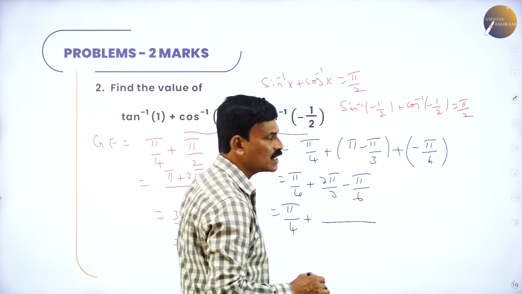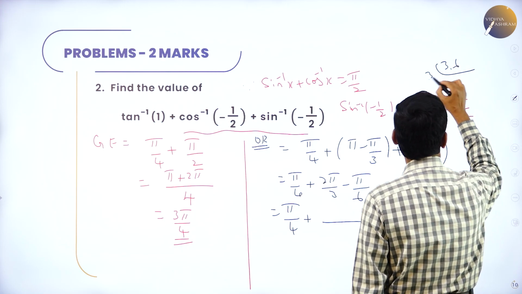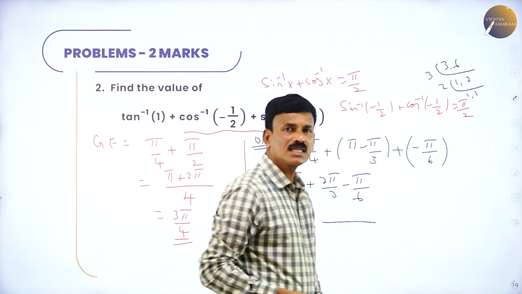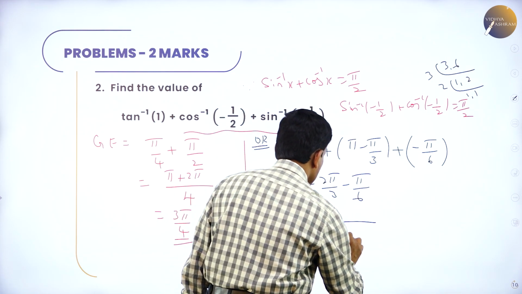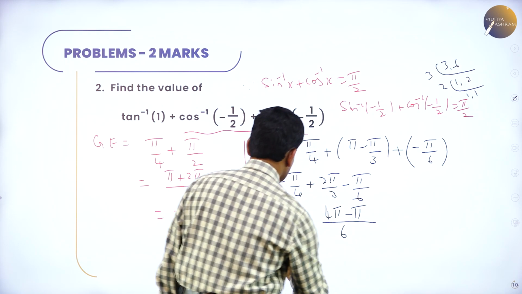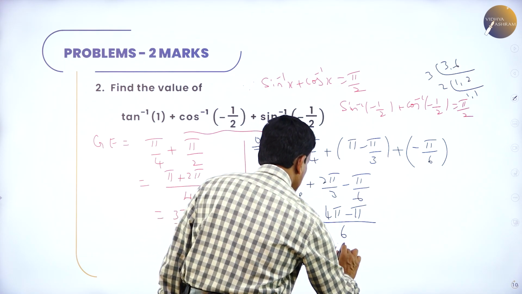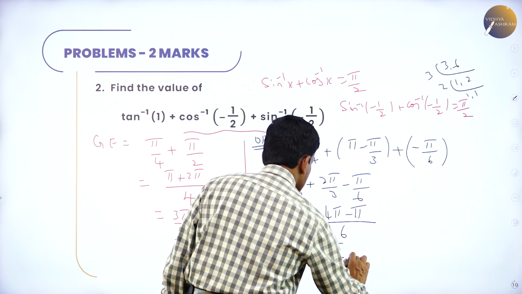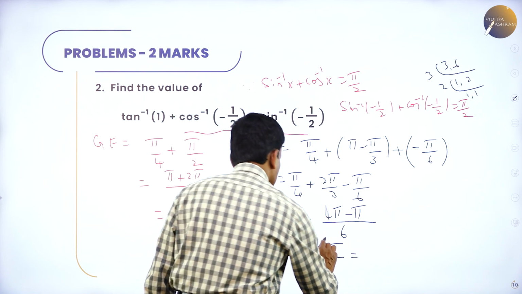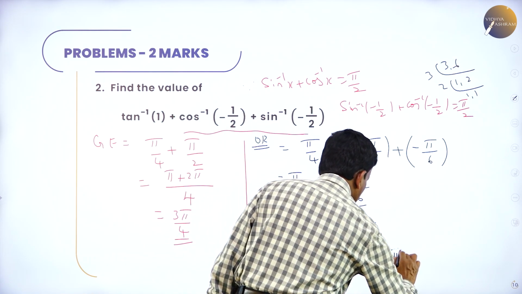Now take the LCM for 3 and 6. What is the LCM? 6 is the LCM here. So, 2 2s are 4 pi, 6 gets cancelled, this is equal to pi by 4 plus 3 pi divided by 6, which is pi by 4 plus pi by 2.